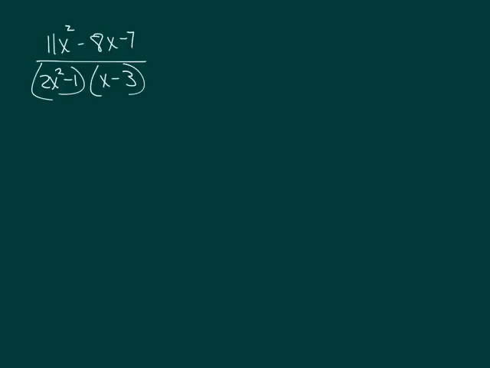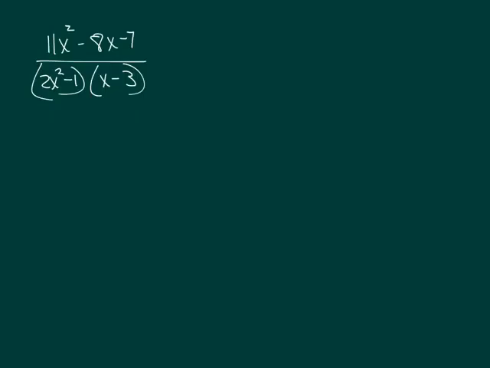This is the last example. What makes this one so much different than the other ones is that all the other ones had linear factors, and sometimes they had a 2 or a 3 up here, but what was inside the parentheses was linear. This one is not linear, so that makes it a little bit trickier.